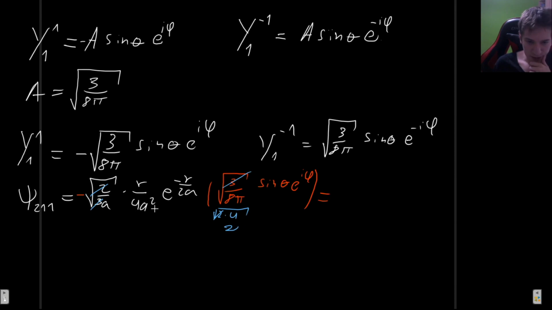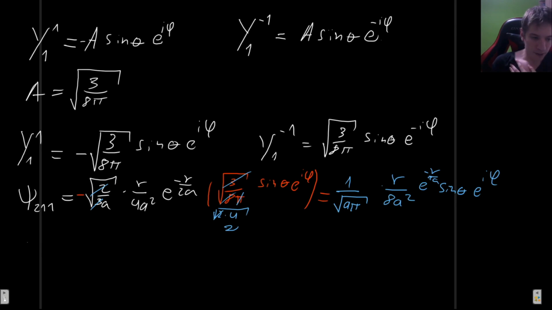So when we do that, we're going to get 1 divided by the square root of pi a times r divided by, and then we have 4 times 2, so that's going to be 8a squared. Okay, then we have e to the minus r over 2a sine theta e to the i phi.